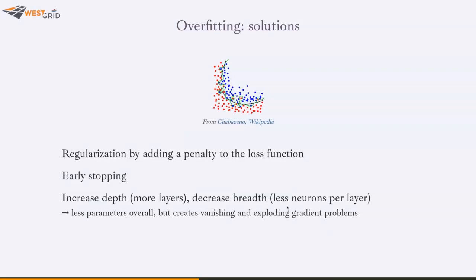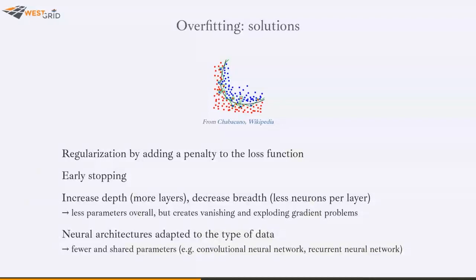And I won't present them here, but basically it's hard to reach a minimum in the case of deep neural networks. So another option to prevent overfitting is to look at the type of data that you have and to find a neural architecture that is adapted to your data.